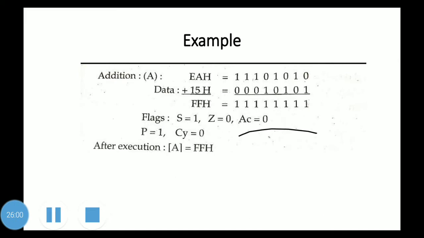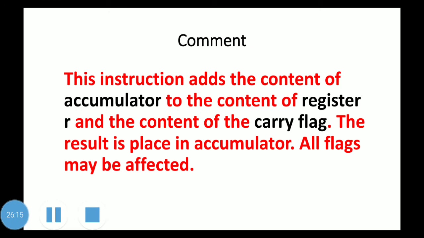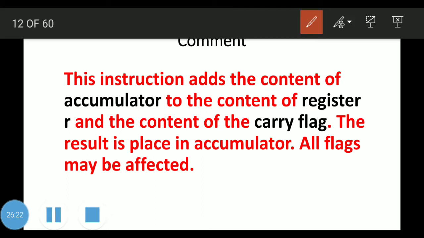Let us see the next instruction in the arithmetic group. The next instruction is ADC R. What is the meaning of ADC R? This instruction adds the content of the accumulator to the content of register R and the content of the carry flag.